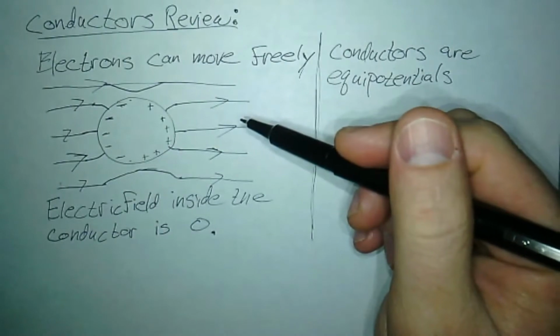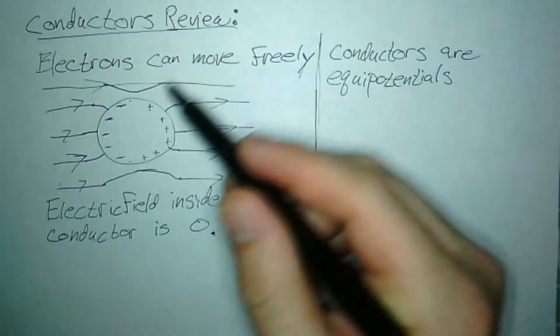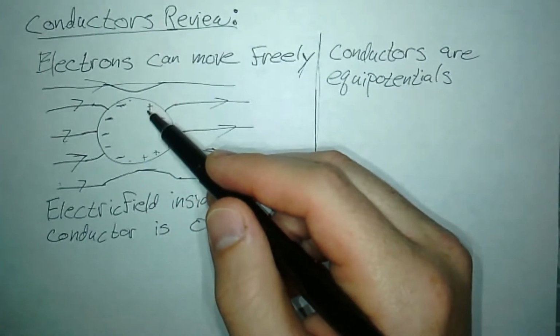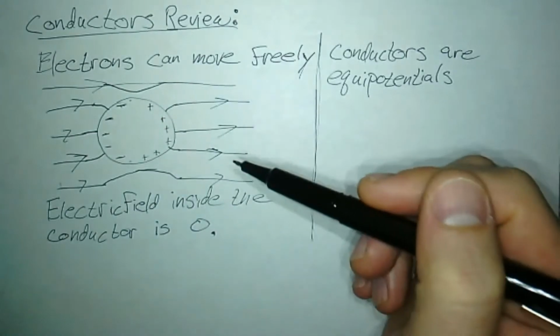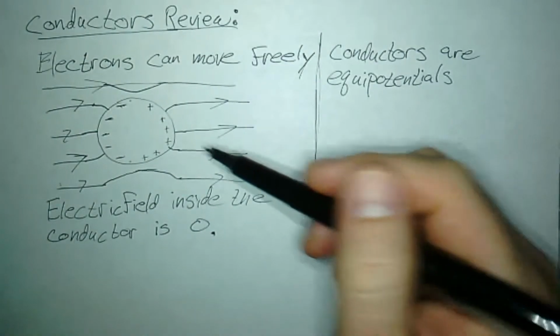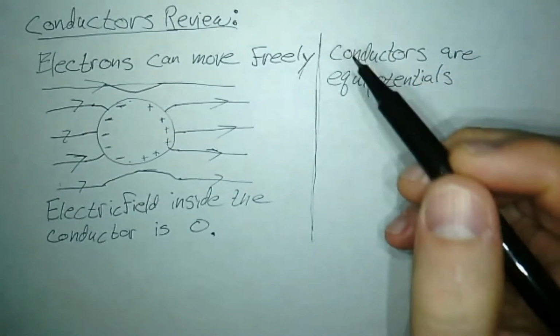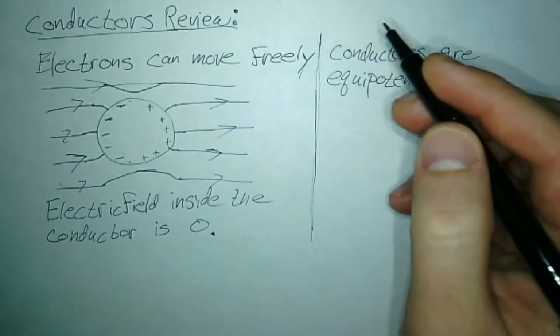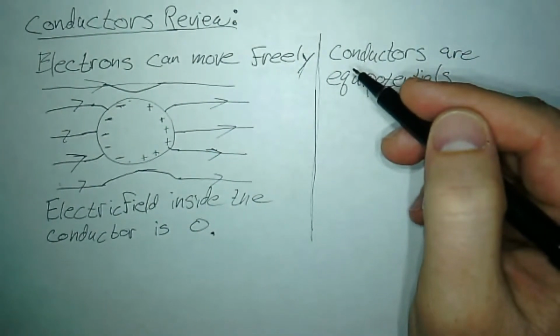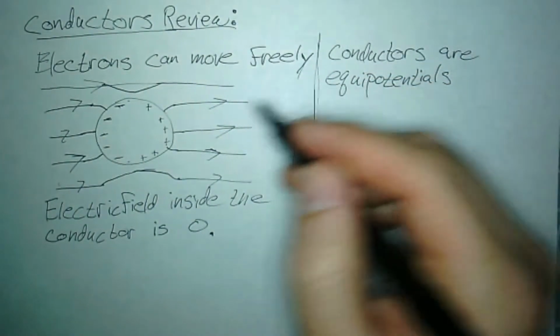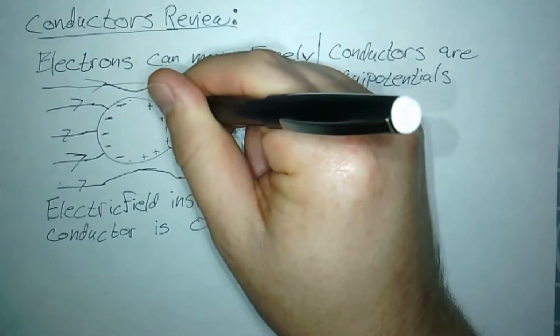But the other point we have to talk about with that is that since conductors are equipotentials, every point on their surface is the same potential. And how do electric field lines intersect equipotentials? They always intersect them at right angles, which is why I curved these the way they did.